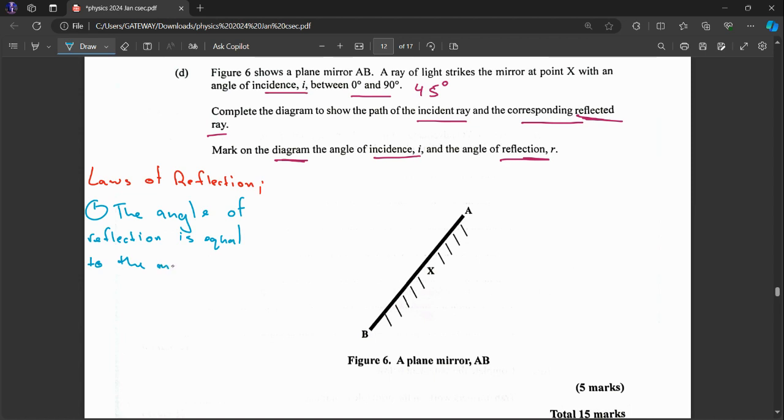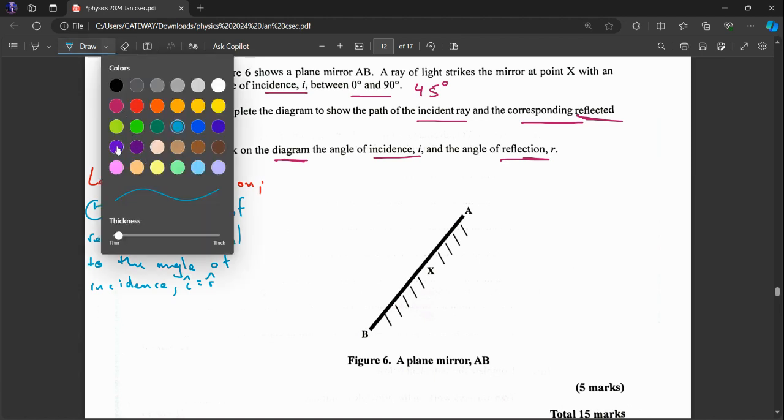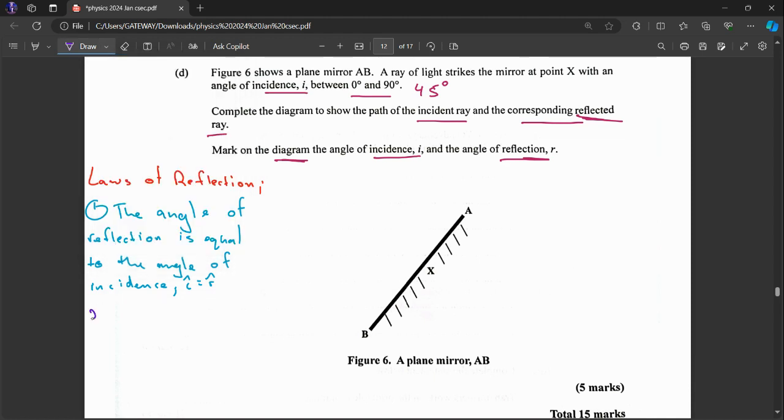In other words, I with the hat is equal to R with the hat. Angle I is equal to angle R. And you can see this on the diagram, just now when I put it.